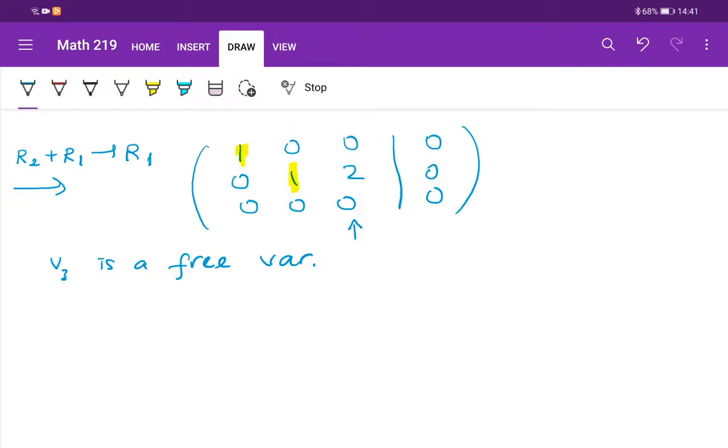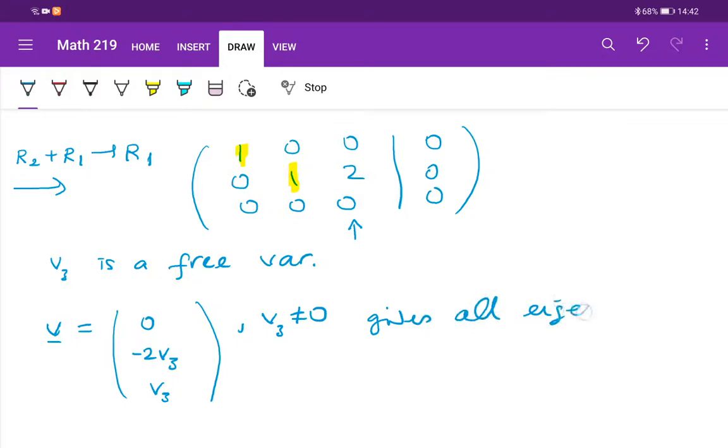And you can easily check that V is equal to, in this case, 0, minus 2v3, v3. So this gives us all eigenvectors. V3 had better be non-zero, otherwise this is not an eigenvector. This gives all eigenvectors associated to our eigenvalue lambda 1 equals 1.